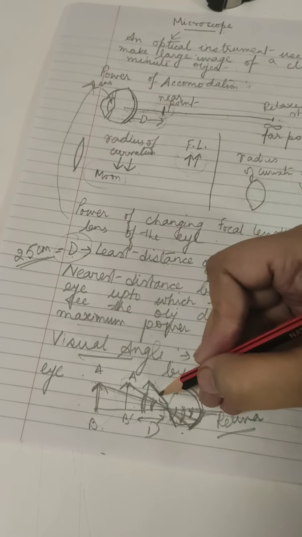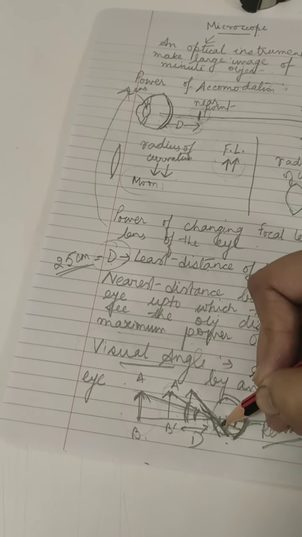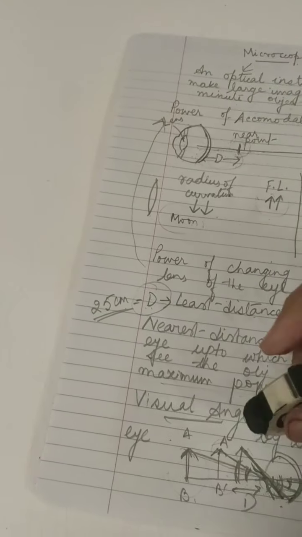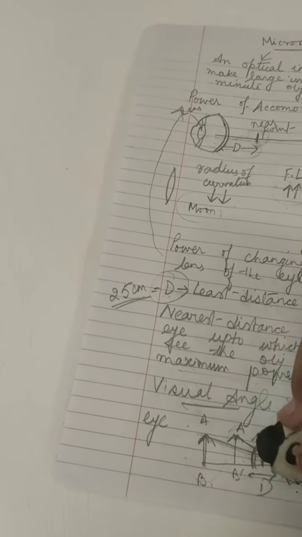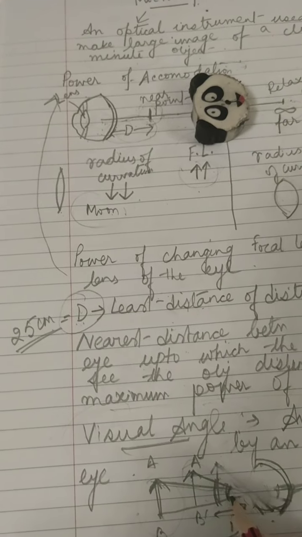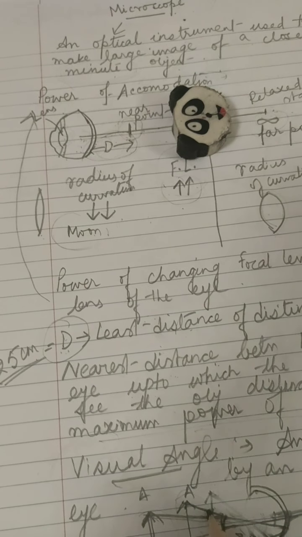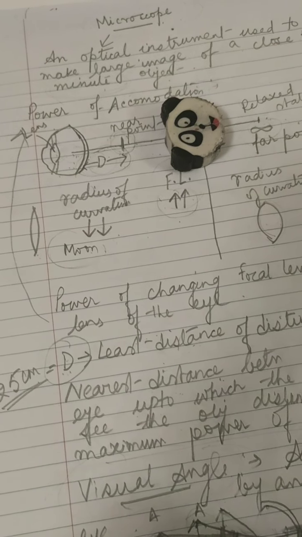Let me draw this. This is the first visual angle, this is the second visual angle, and this is the third visual angle.